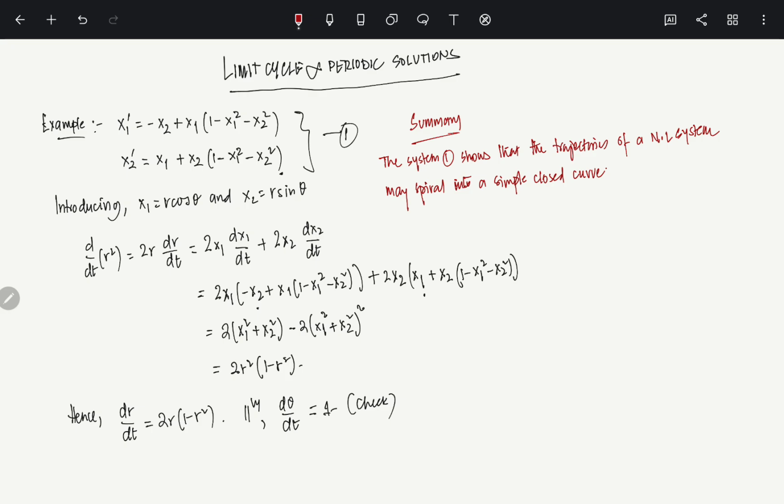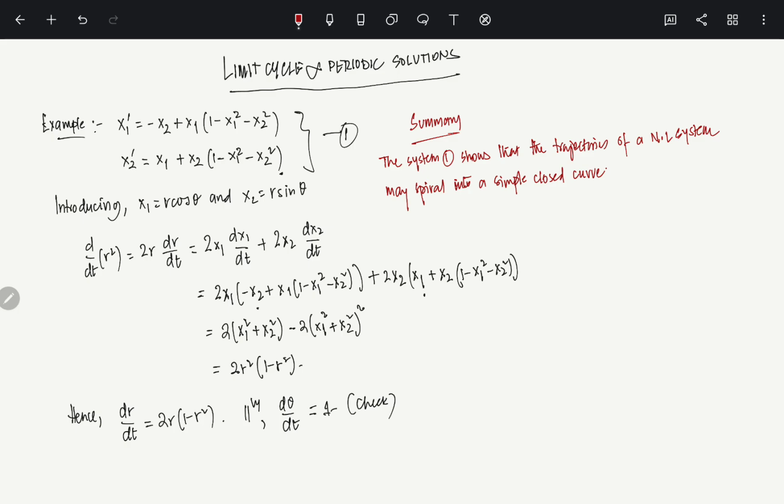See, what it is saying is this is "may". It's not like it always has to be, but it may happen that the trajectories may spiral into a simple closed curve.